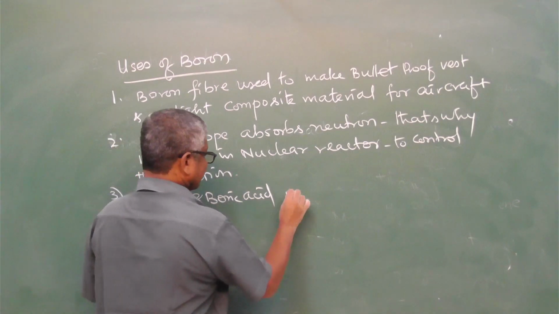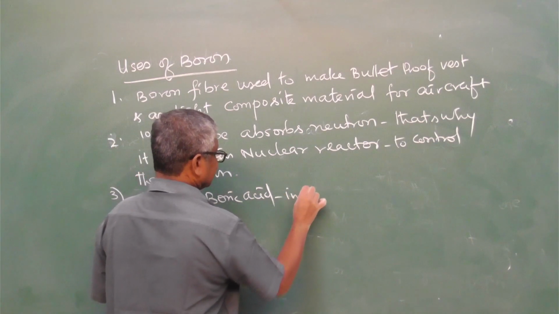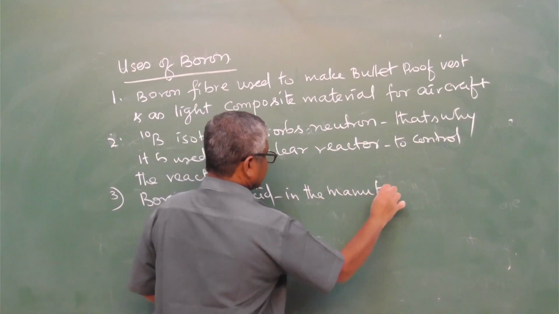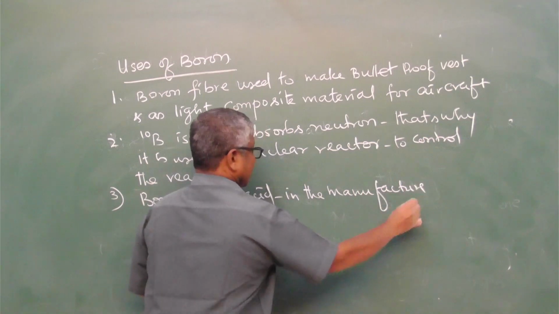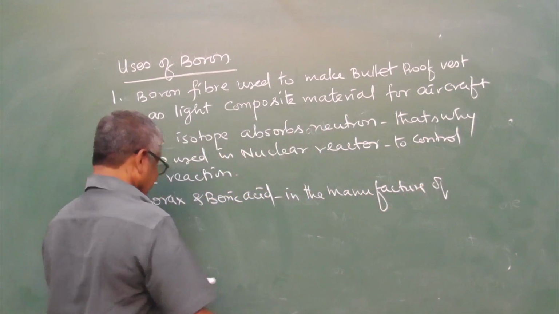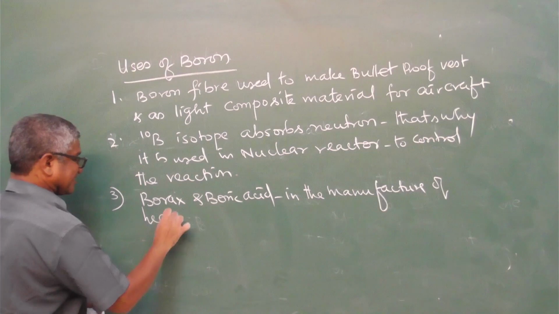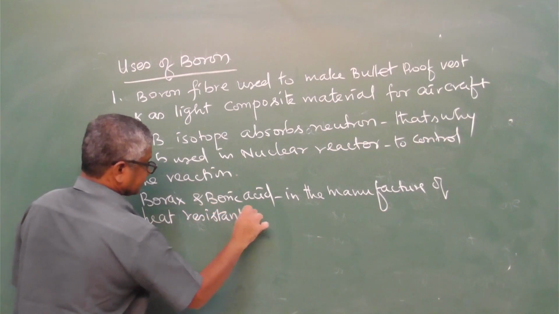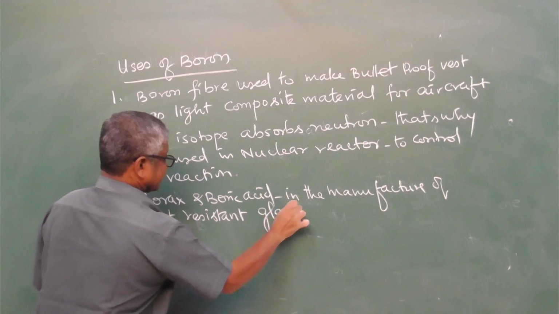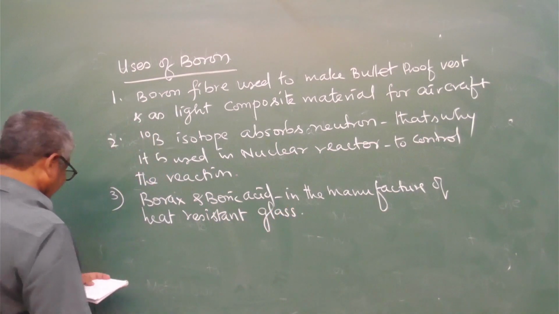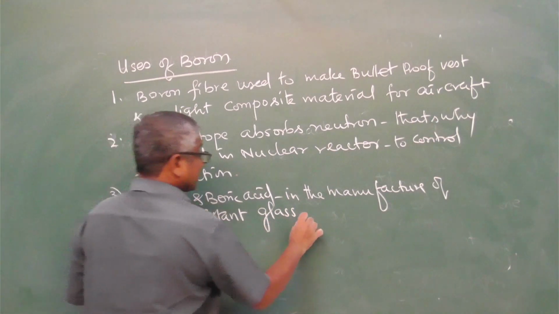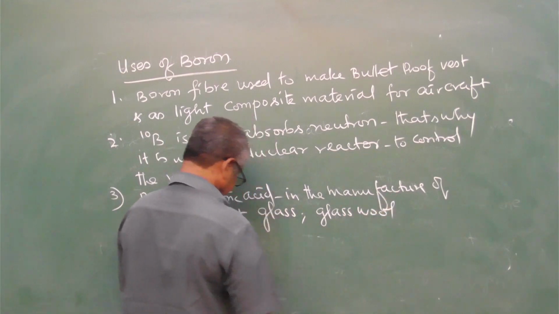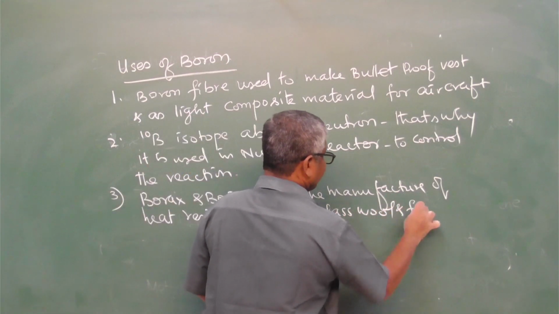Borax and boric acid are used in the manufacture of heat resistant glass, glass wool and fiberglass.